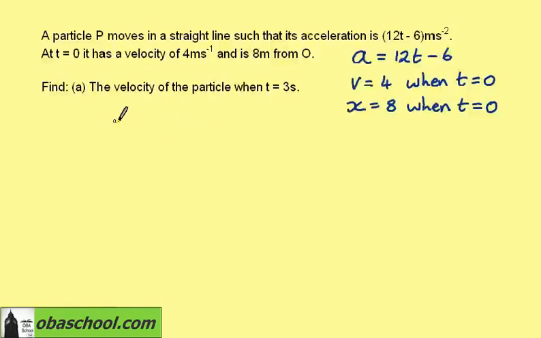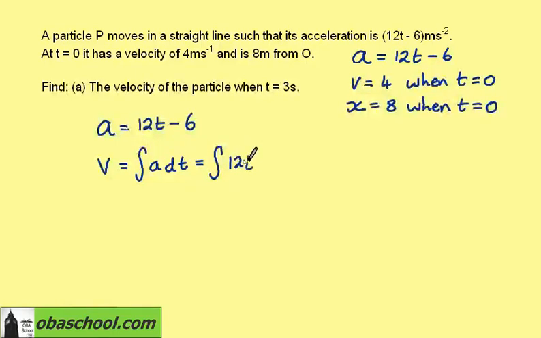We want the velocity of the particle when t equals 3. So we first need an expression for the velocity. We know that a is equal to 12t minus 6. So v is going to be the integral of a dt, which is the integral of 12t minus 6.